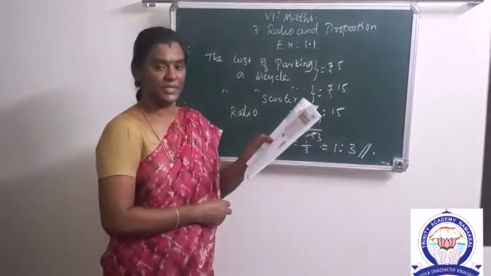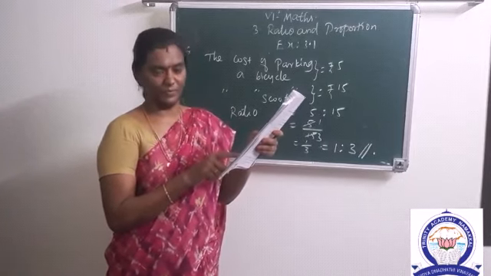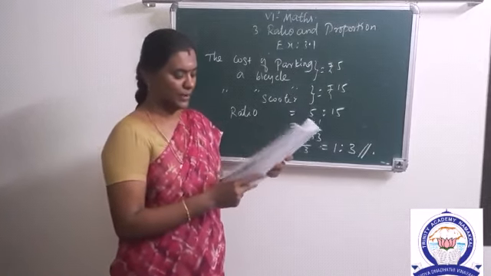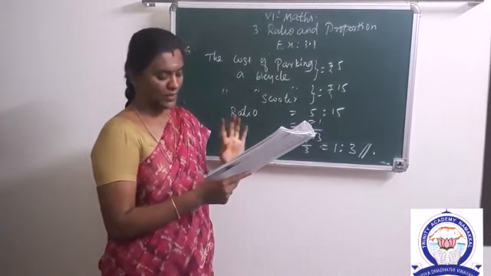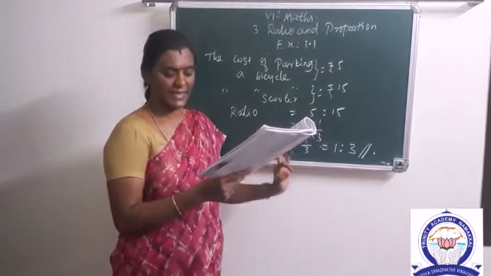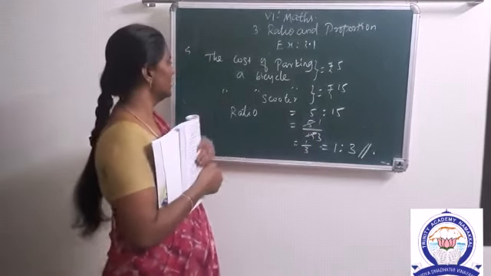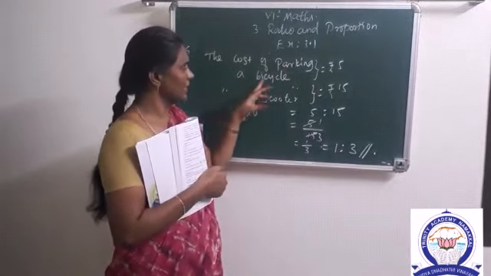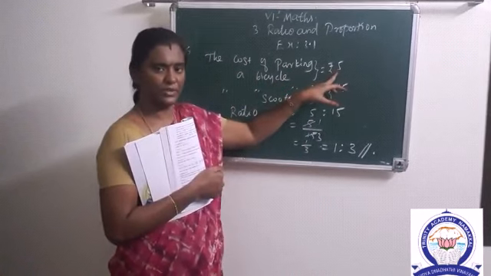See the fifth question. The cost of parking a bicycle is ₹5 and the cost of parking a scooter is ₹15. Find the simplest ratio of the parking cost of a bicycle to that of a scooter. See here, what is the cost of parking a bicycle? ₹5 is given in the question.